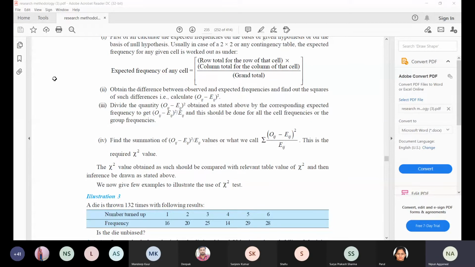The outcomes are 1, 2, 3, 4, 5, 6, and the observed frequencies are 16, 20, 25, 14, 29, 28.